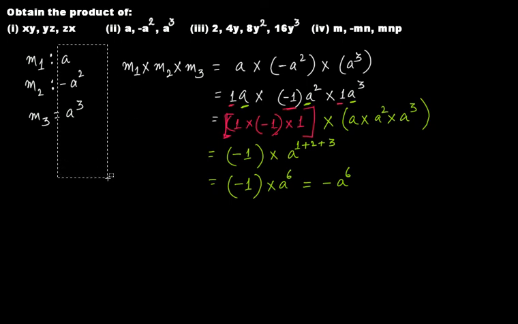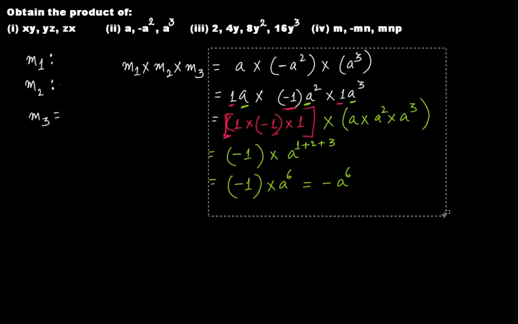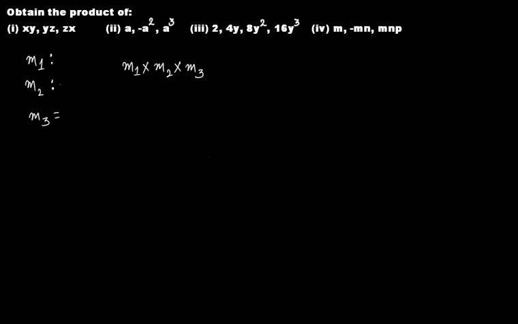Now next you have, in this case, 4 monomials. So let's say that you have here m4. Now this m4 is 2, 4y, 8y squared, and 16y cubed, right?